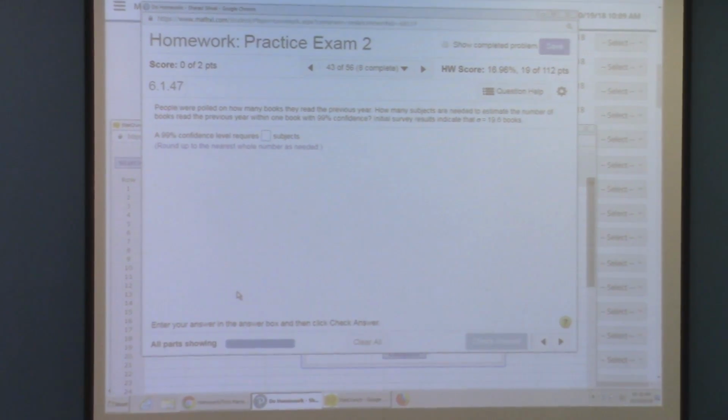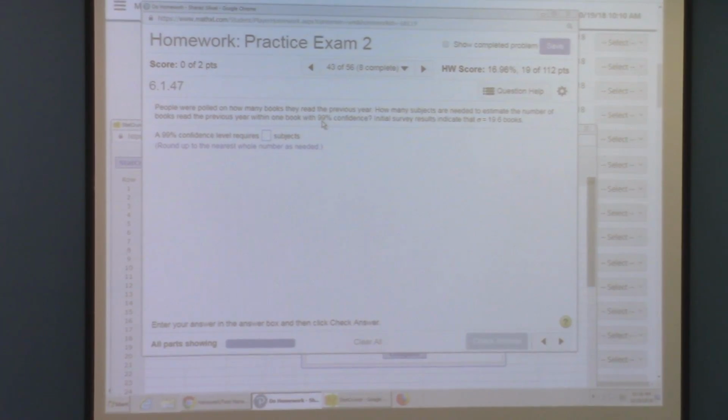People were polled on how many books they read the previous year. How many subjects are needed to estimate the number of books read the previous year within one book? Within one book. See, when it says within one book, that's your margin of error, with 99% confidence. Initial survey results indicate that sigma is given. So sigma is given, E is given, C is given, 99% confidence.